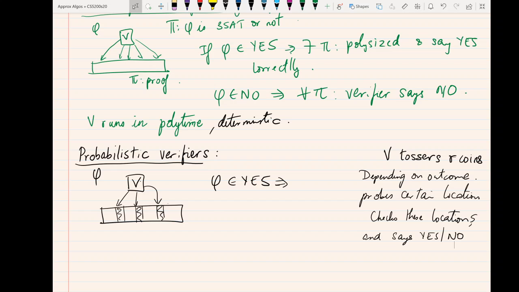So what would we expect from such a verifier? Well, we would want at least that if phi is a 3-SAT instance, then there should be a proof pi such that the probability that the verifier says yes is large, greater than C. Think of C as being say 2/3 or something.